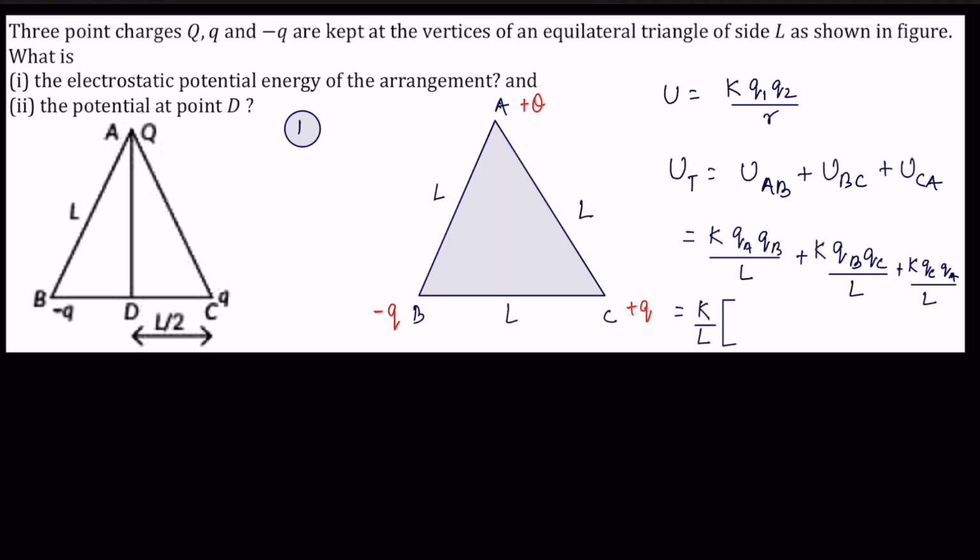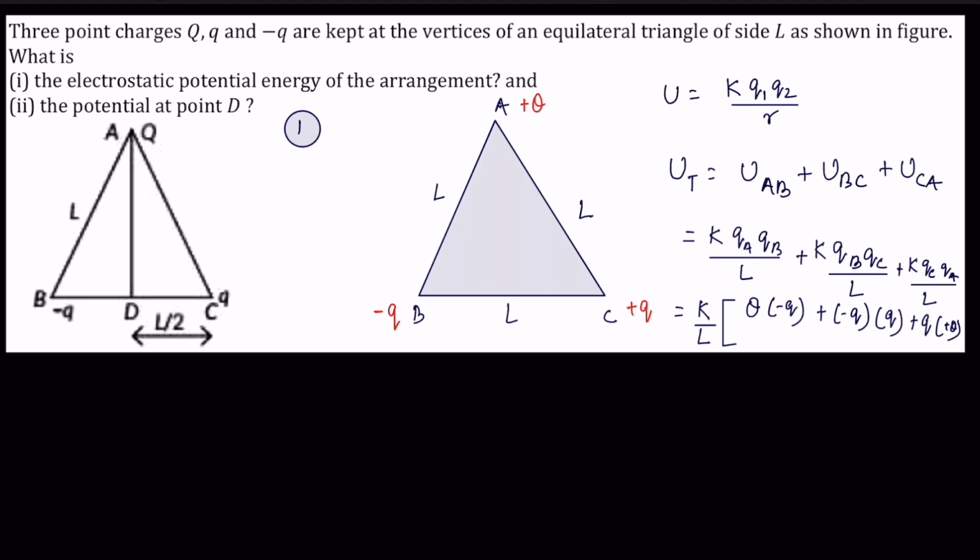So we get QA is capital Q, QB is minus q, plus QB is again minus q, QC is plus q, and QC is plus q, QA is capital Q.